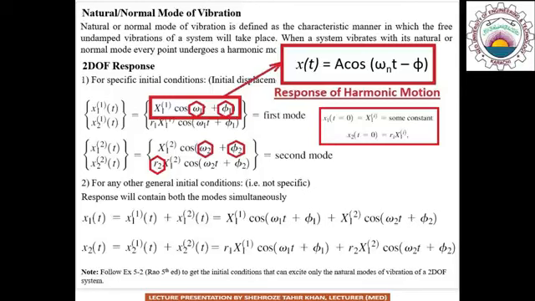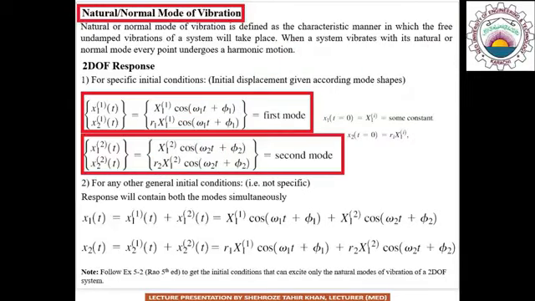The responses highlighted in red boxes are the natural modes of vibration of a 2 degree of freedom system, and they are initiated only when the initial conditions are equal to the natural modes.